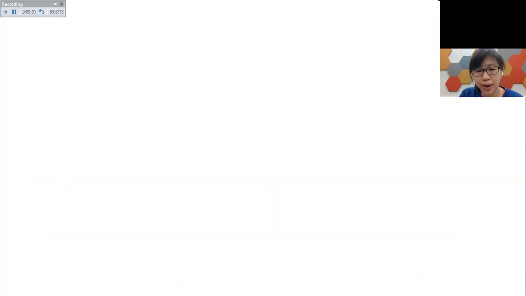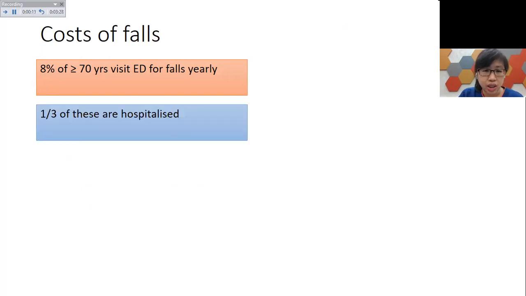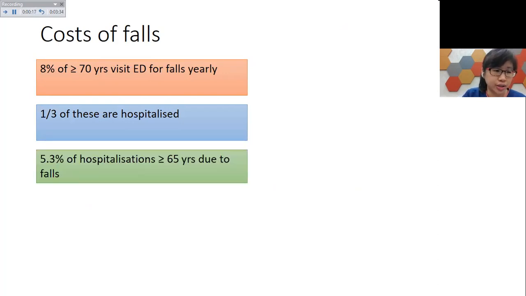Let's discuss more about the high service use and costs from the healthcare financing perspective. Something that we may not realize, and we should ask ourselves, what is the cost of falls? So 8% of elderly patients 70 years and above who visit the emergency department are actually there for falls. This is seen every year, about 8% every year.